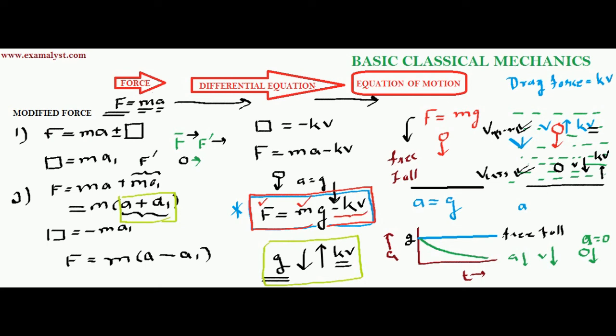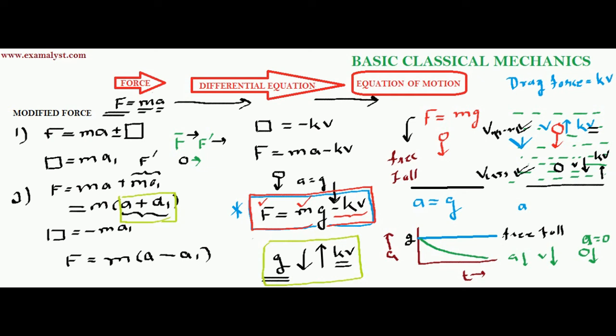So when you add or subtract a term in the force equation, one thing is sure, that some force is acting. Rest assured that any term you add or subtract in the force equation is nothing but a force.